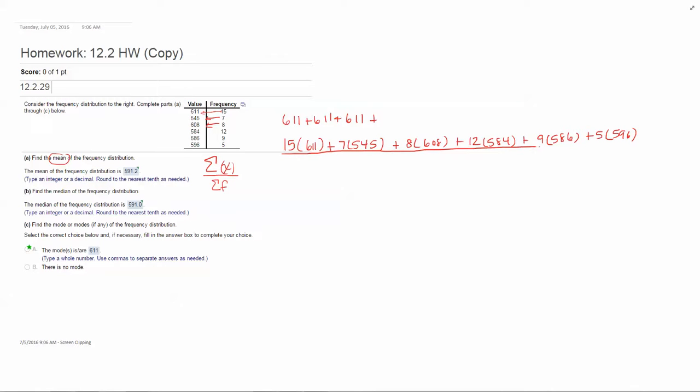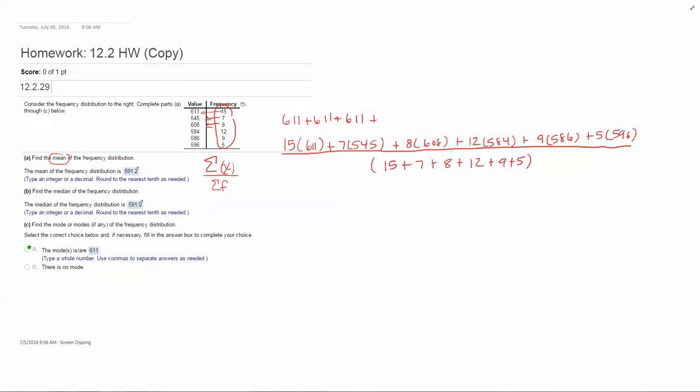And then we want to divide that answer by the sum of the frequencies, which gives us how many numbers were in the data. So I would divide it by 15 plus 7 plus 8 plus 12 plus 9 plus 5.